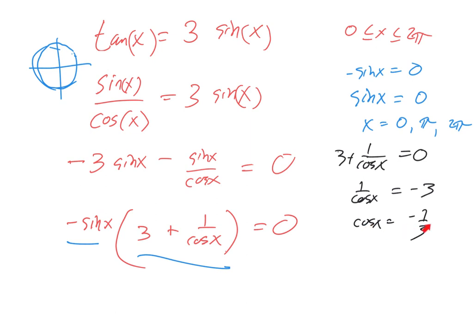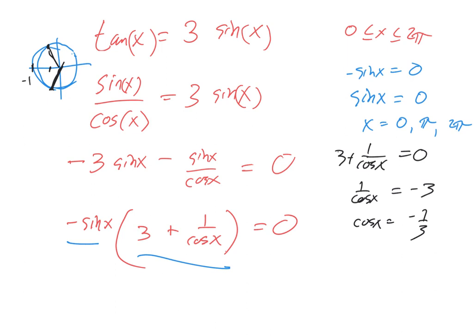Where is the x-coordinate negative? It's in these two quadrants. All right, negative 1/3 will be somewhere right about here, if this is negative 1. So that means this angle and this angle are my two angles as I go around my unit circle.